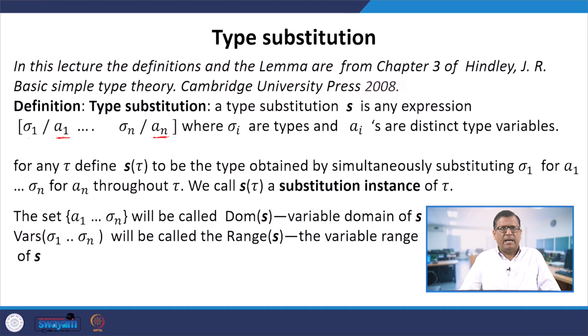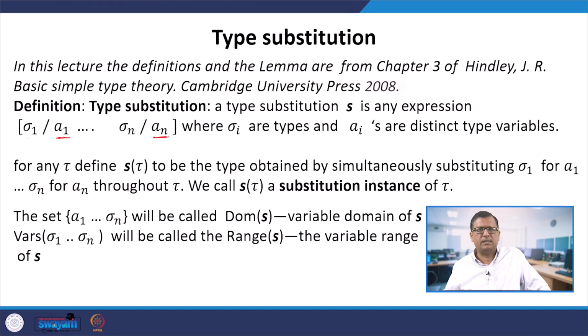That means for any type tau, we define S tau to be the type obtained by simultaneously substituting sigma 1 for a1, sigma 2 for a2 and sigma n for an throughout tau. We call S of tau a substitution instance of tau or simply an instance of tau. That means from tau, by making some substitutions, we have got another type, tau prime.